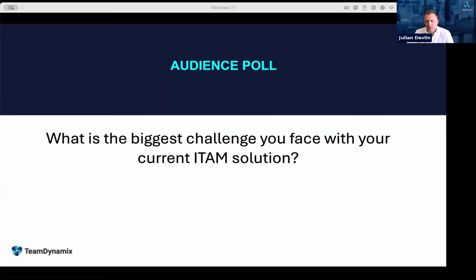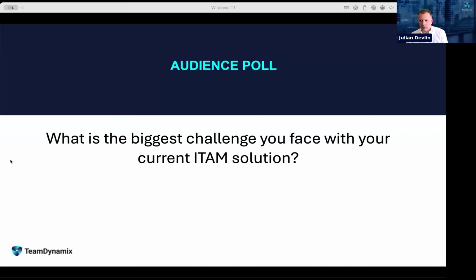You might be having trouble tracking software licenses, how many you have, when they renew, what you're spending on them. You might have high costs associated with your current tools. And certainly we all like to automate, so manual processes might take too much time, whether those are around your ITAM solution or process at the moment or other. Give everyone just a few more seconds there.